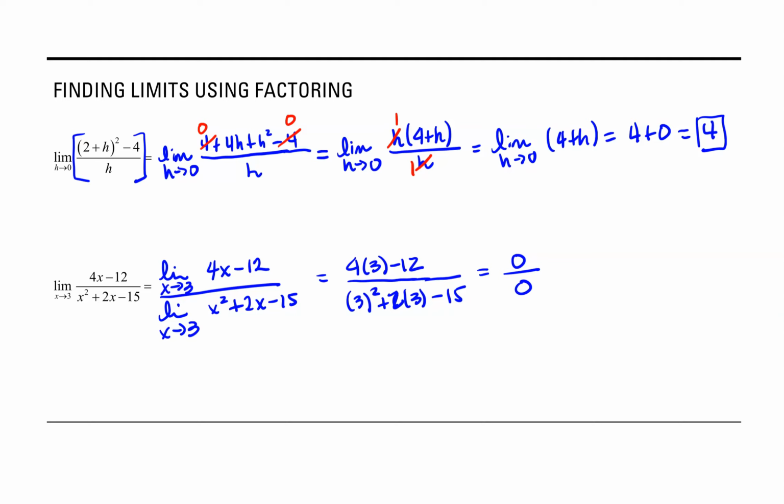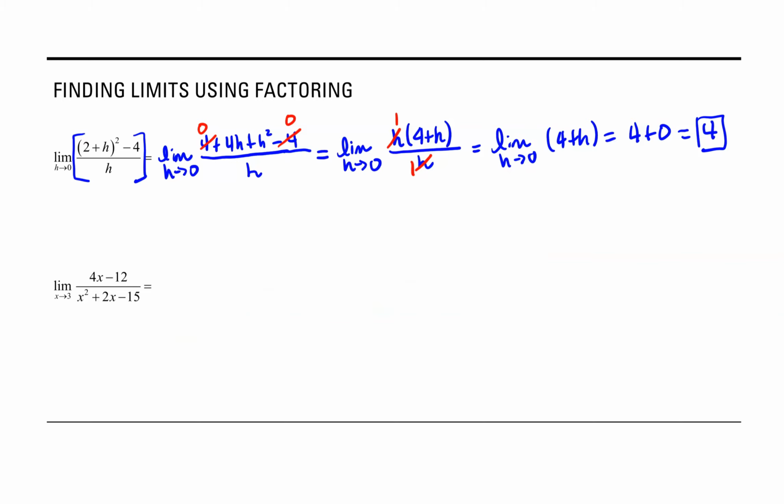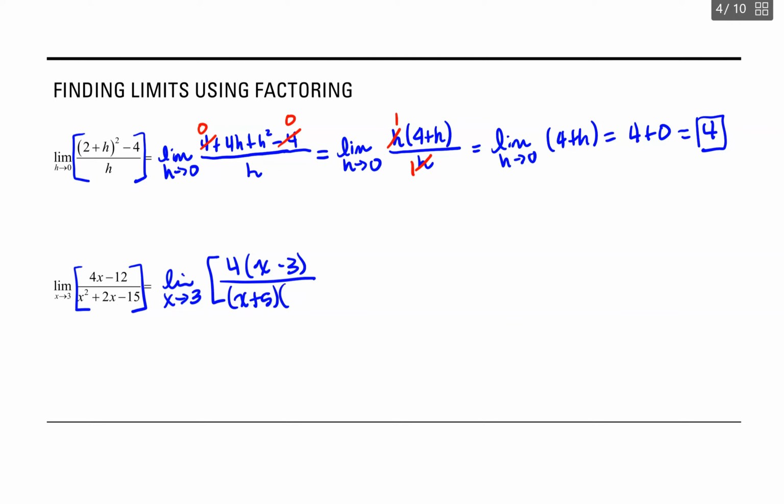So I need to see if I can rewrite the function in a more simplified form that will allow me to find the limit, so that we can see how the original function, 4x minus 12 over x squared plus 2x minus 15, behaves as x approaches 3. So we'll have the limit as x approaches 3 of 4 times (x minus 3) over (x plus 5) times (x minus 3).